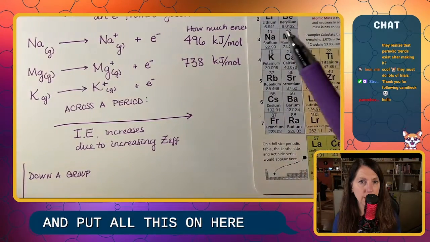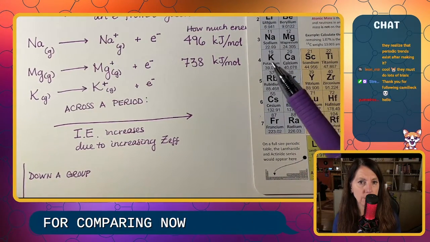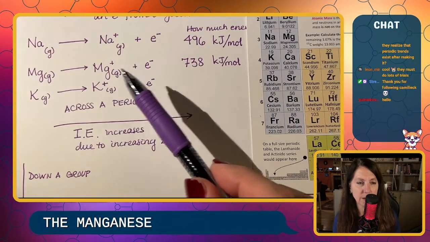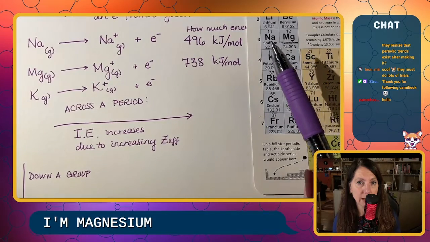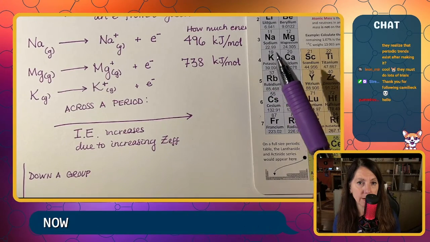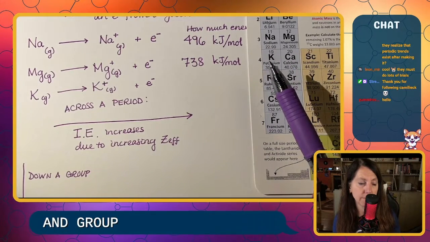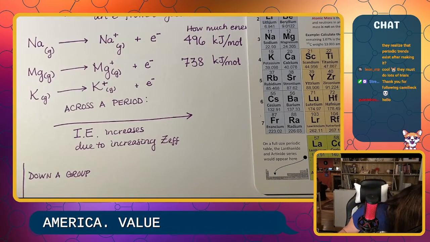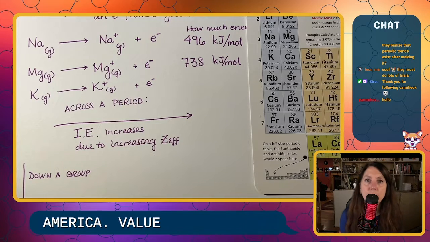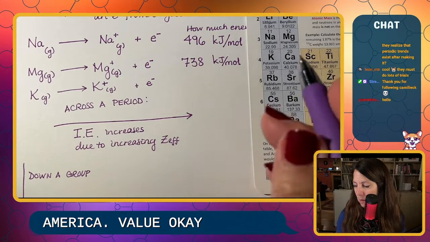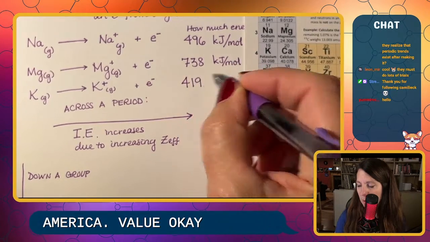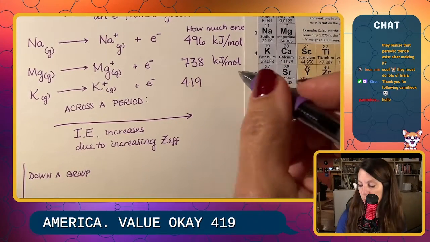If we're comparing now sodium to potassium, this is the magnesium that we're looking at going across a period. Now we're comparing down a group. Okay. Let me look up that value. Okay. It is 419 kilojoules per mole.